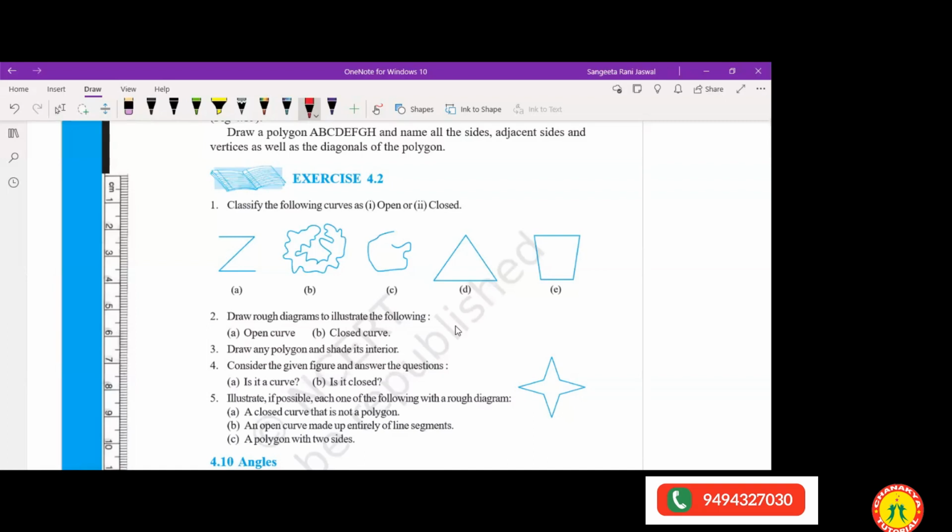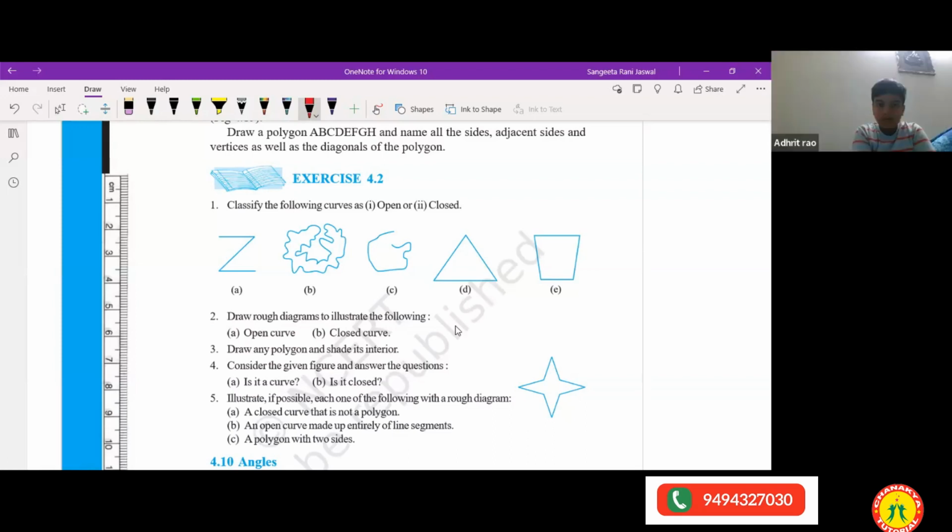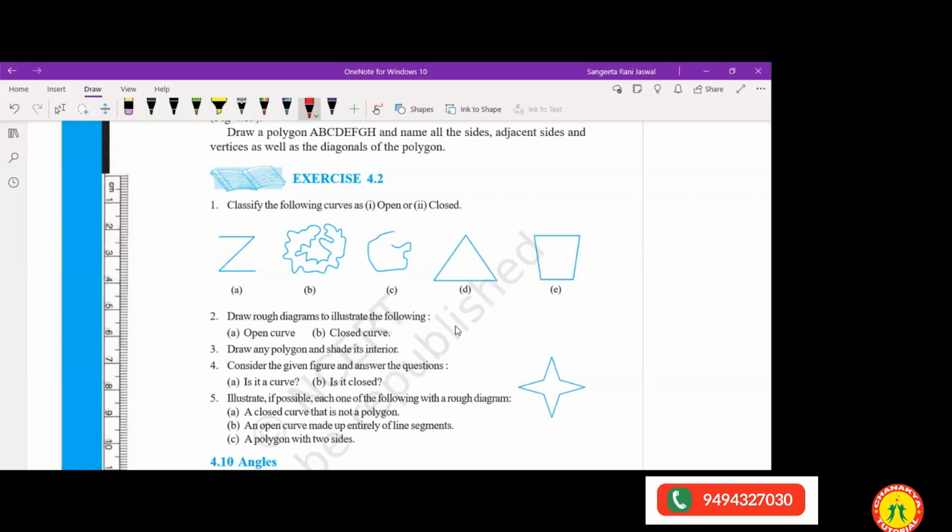Okay, now see this. Classify the following curves as open and closed curves. Can you tell me which are the closed curves and which are the open ones? Adrit, which type of curve is this? Open or closed? First one. Open. Okay. Next, Sritej, which curve is this? Closed. Okay, it's right.